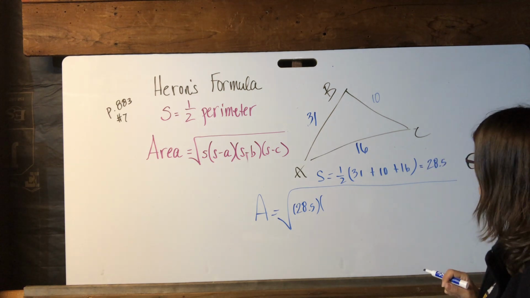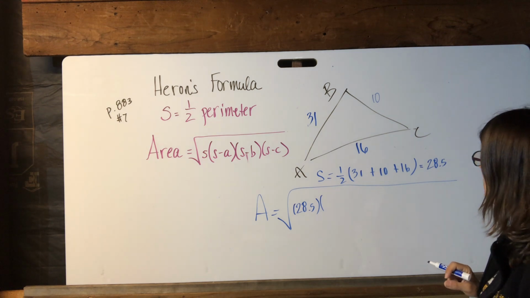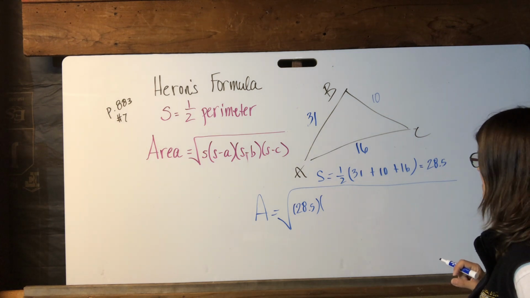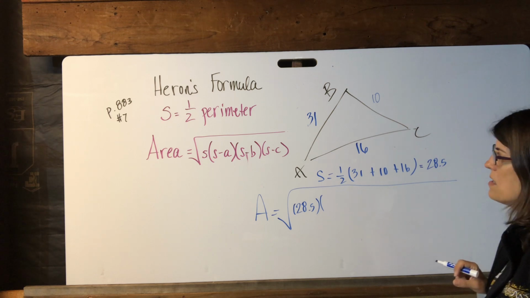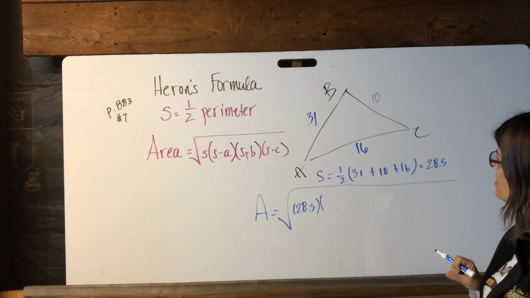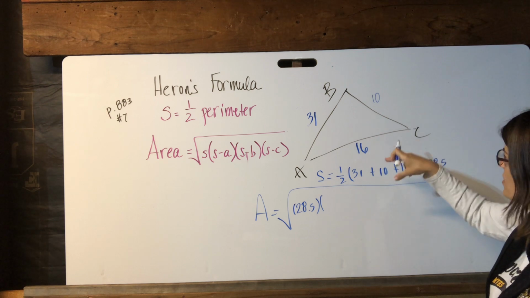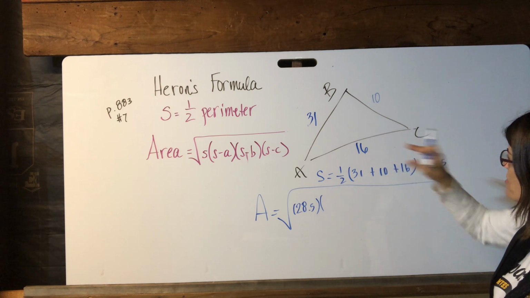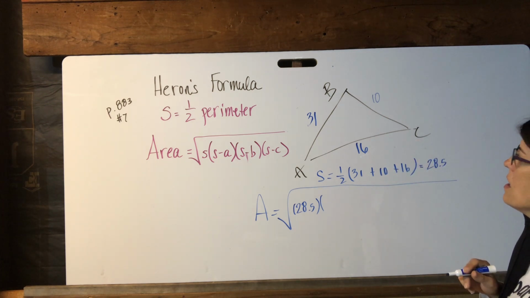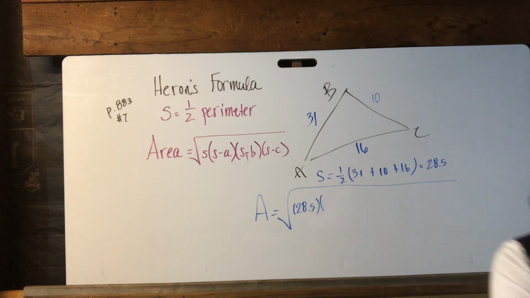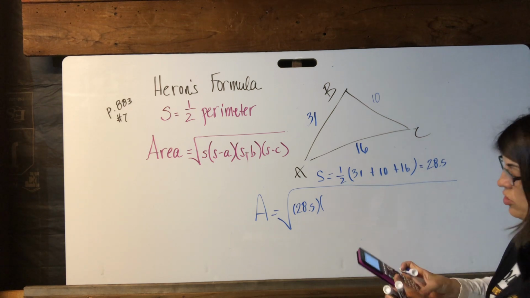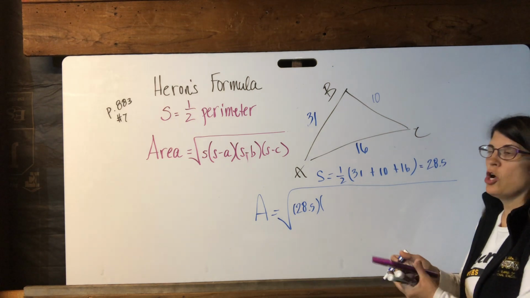Something's wrong. Half the perimeter, 31 plus 10 plus 16, so S. 41 is greater than 16. 41 is greater than 10. Oh, I made a mistake somewhere. You're probably at home screaming at the video.